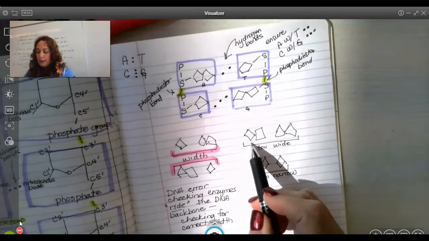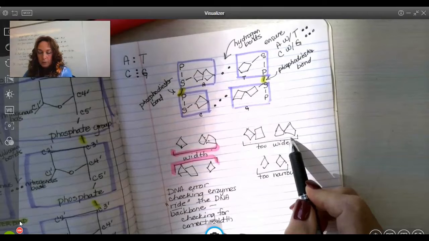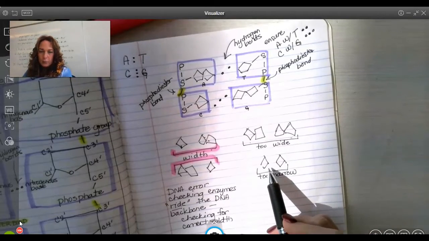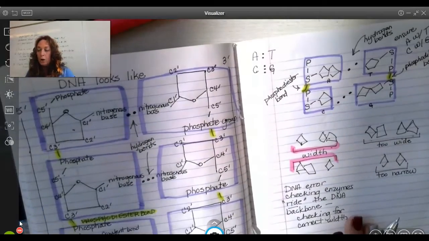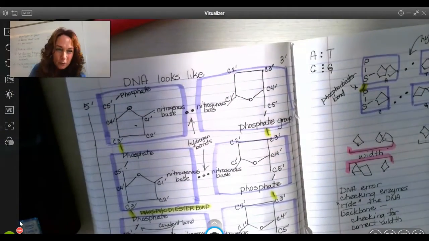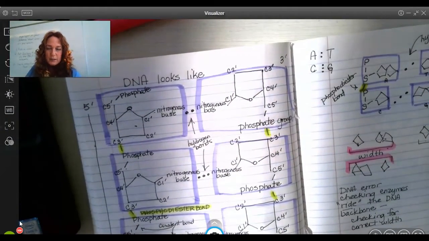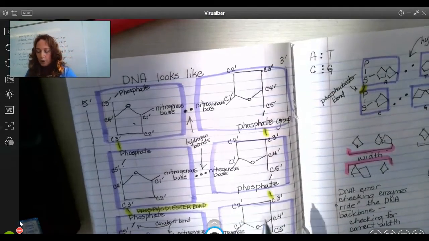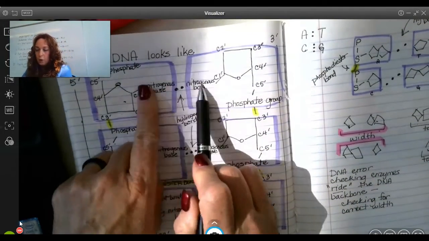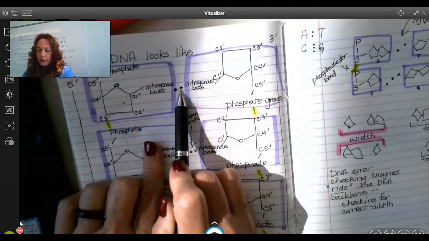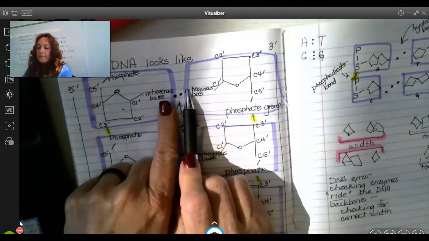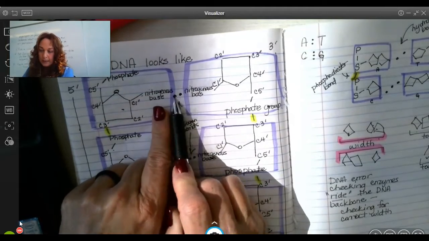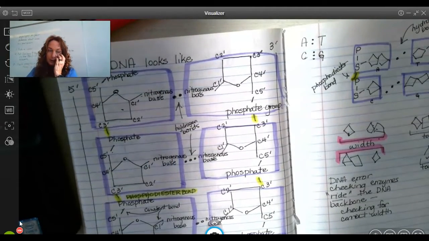And if you put them here, purine with purine, too wide, pyrimidine with pyrimidine, too narrow. So this all has kind of stupid proof involved, because it can only work together across here and with these two, correct width, purine pyrimidine, correct purine with pyrimidine based on the hydrogen bonds.